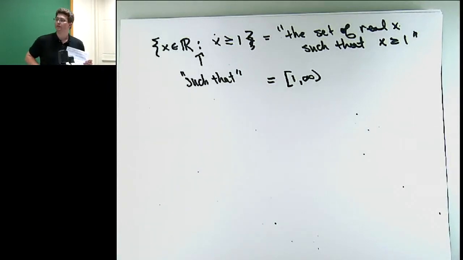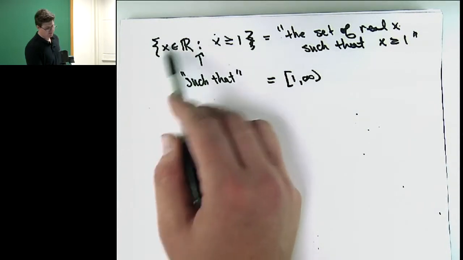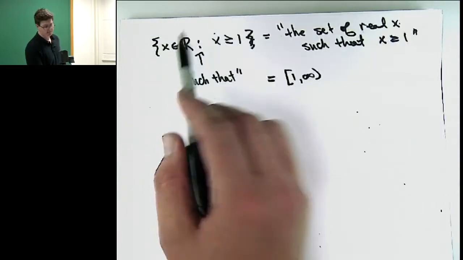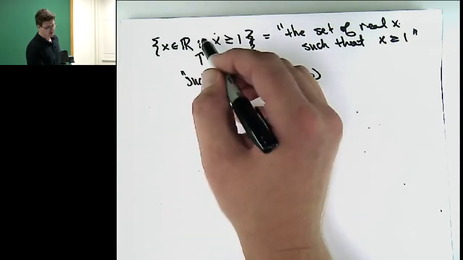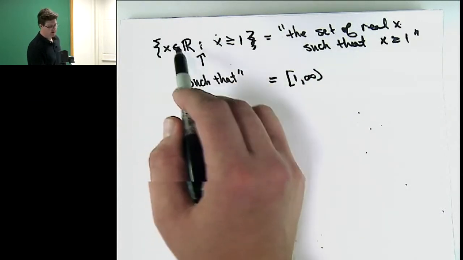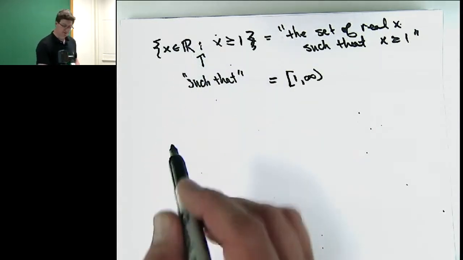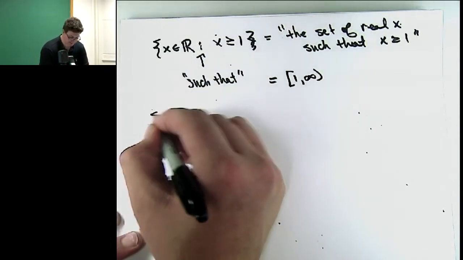Yeah. For that one, wouldn't it be the same thing if you were to put x as an element of the real numbers and x's are greater than or equal to? No. So here you have the things that you're going to run over. So you can't just put and there, right? Because you have to collect all the objects in the first part. I guess you could put something like this. This would also be equivalent.